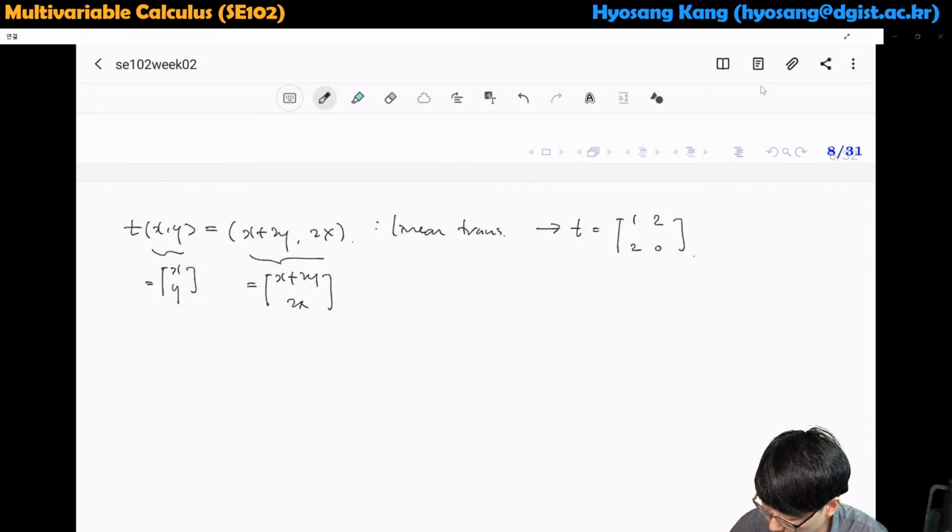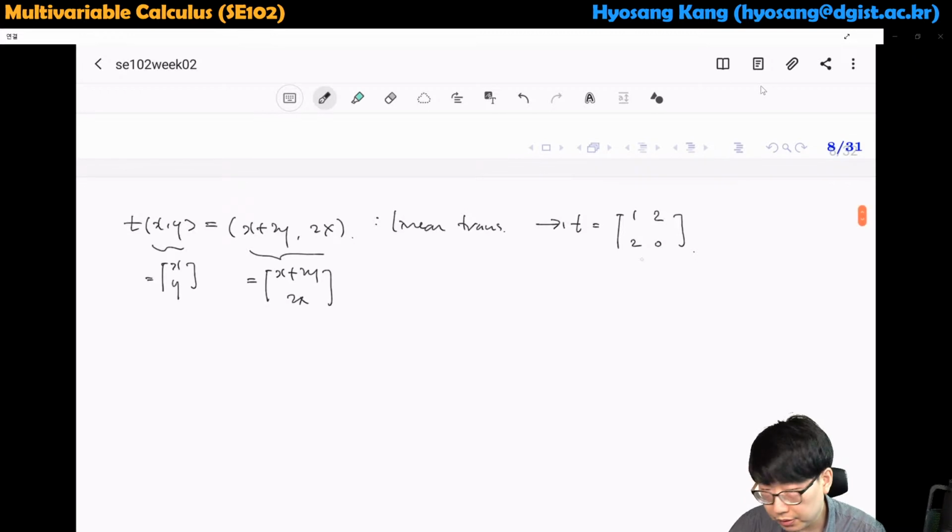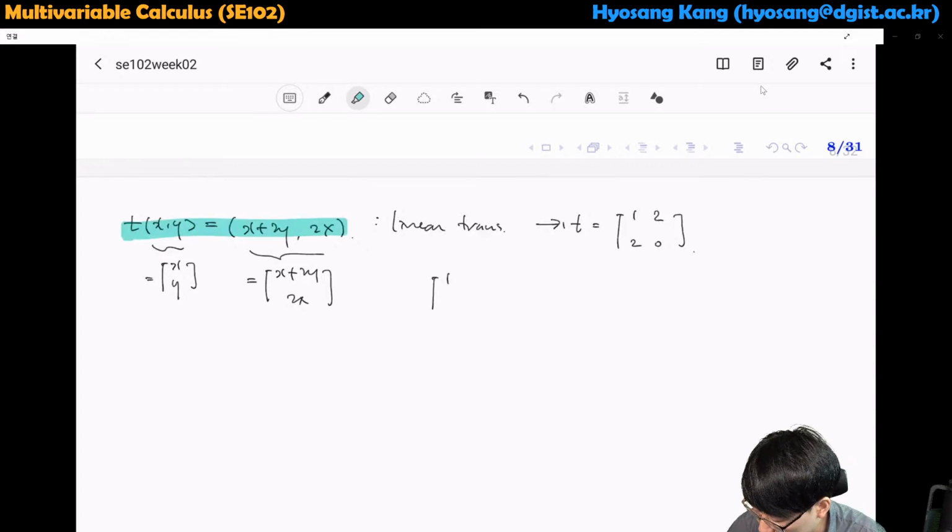Because if I replace T by this 2 by 2 matrix, then I can simply rewrite this equation as the matrix 1, 2, 2, 0 multiplied with (x, y).